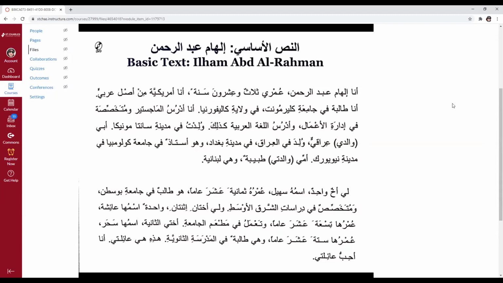And how old is she? Sita Ashra. That is 16. She's 16 years old.